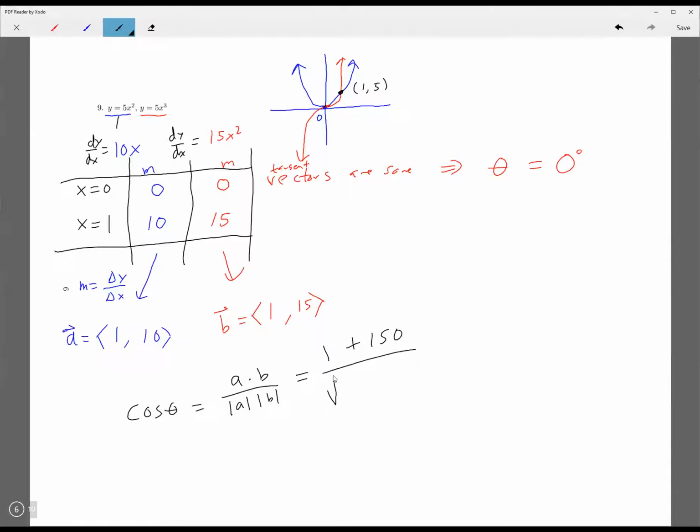And then we're dividing by the square root of, for this one, 1 plus 100, and for this one, 1 plus 225. So the angle is the inverse cosine of 151 over the square root of 101 times 226. I just put that in the calculator, and make sure you're in degrees mode.